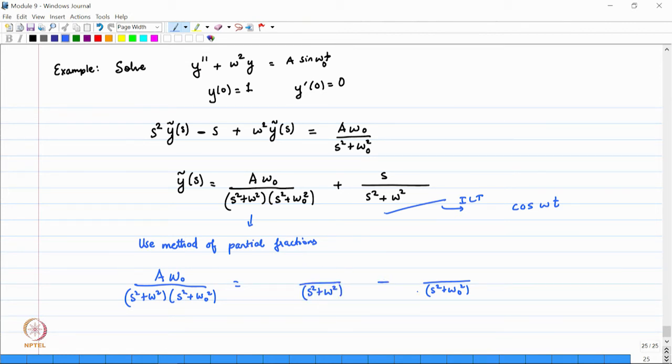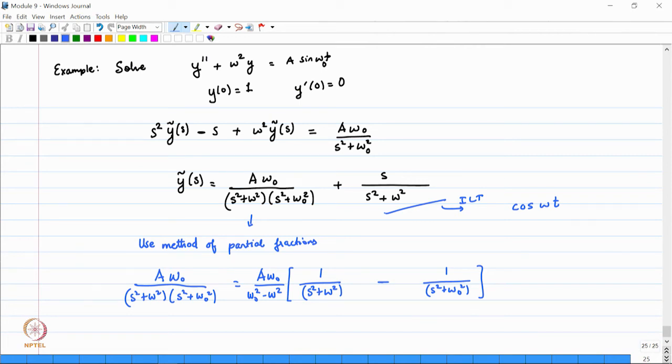So, then you will get s square plus omega square, and you will get s square plus omega 0 square and s square plus omega square. So, if I just multiply this whole thing by a omega 0 divided by omega 0 square minus omega square, and I put a 1 here, then exactly this will be equal to this.